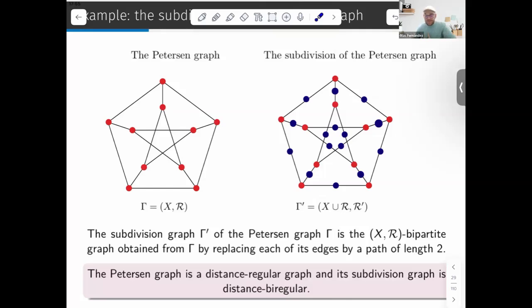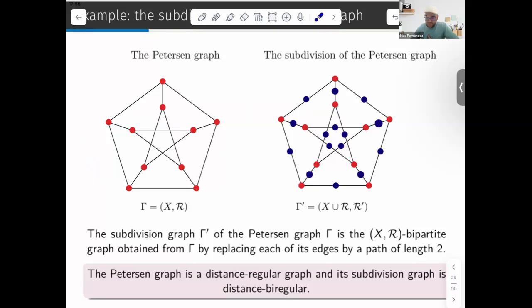And for instance, to see this, we can consider the so-called, so famous Petersen graph, and let's replace every edge of the Petersen graph by a path of length 2. So instead of this edge, we will subdivide it, and we will replace every edge by the path of length 2. And then we will have now a bipartite graph with two partitions, blue vertices and red vertices.